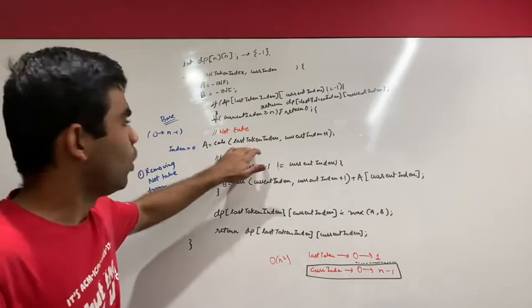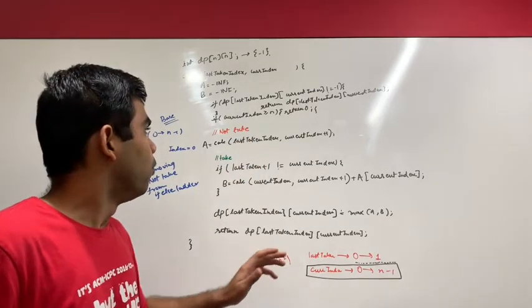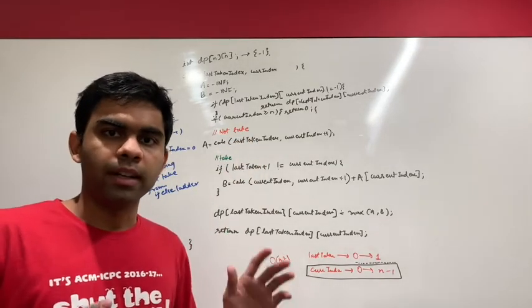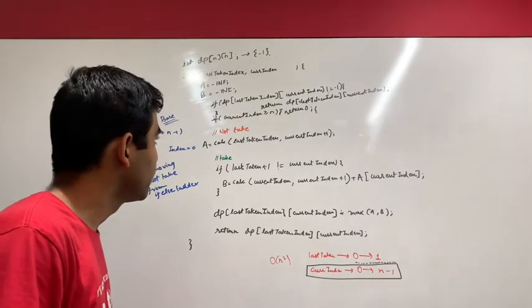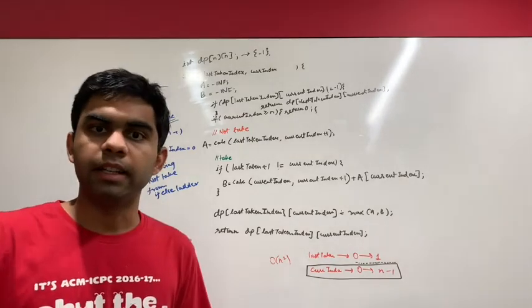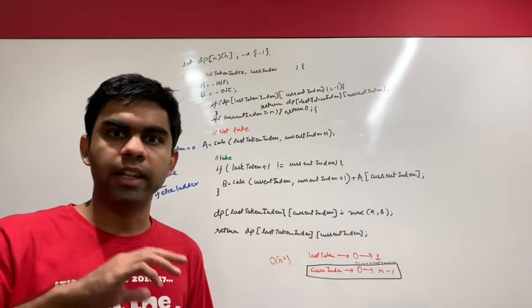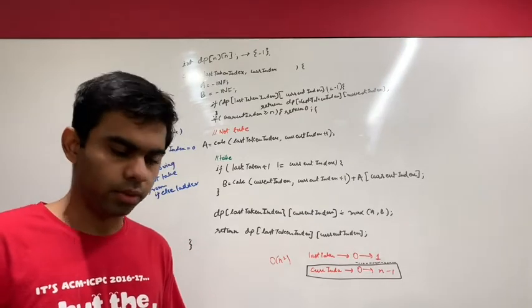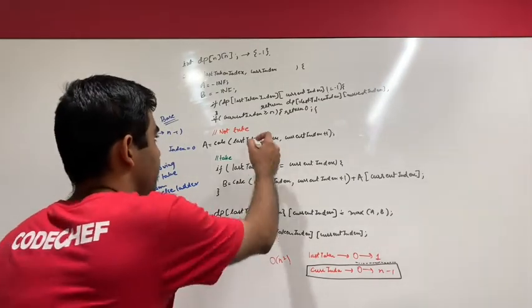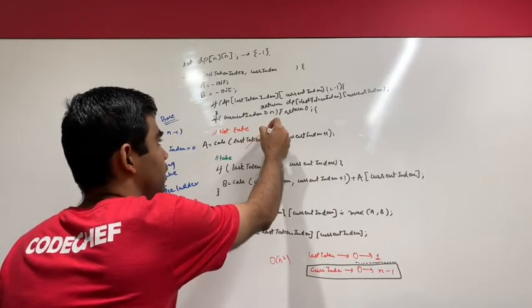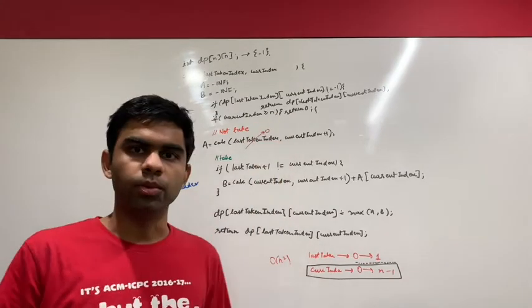So in my not take condition, what I can be sure about my current index is that I haven't taken the value at my current index. So I can just make the last taken index 0, suppose.